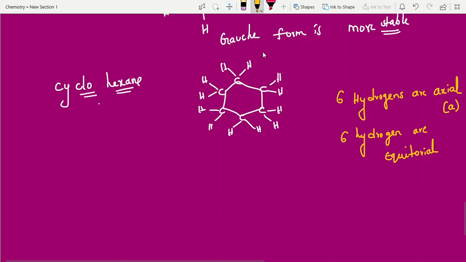Okay, and equatorial hydrogens we represent with the letter E. Now writing the chair form. See, parallel line first, upward, downward, again parallel line. Next, okay, one second, a little confusion is there here. If you draw like this, it is a little easier.